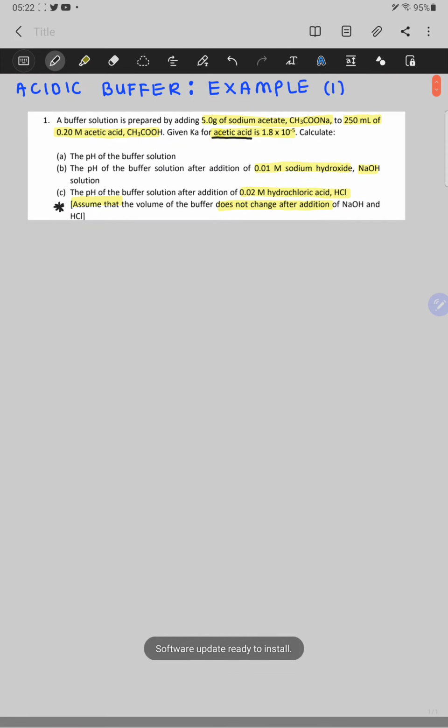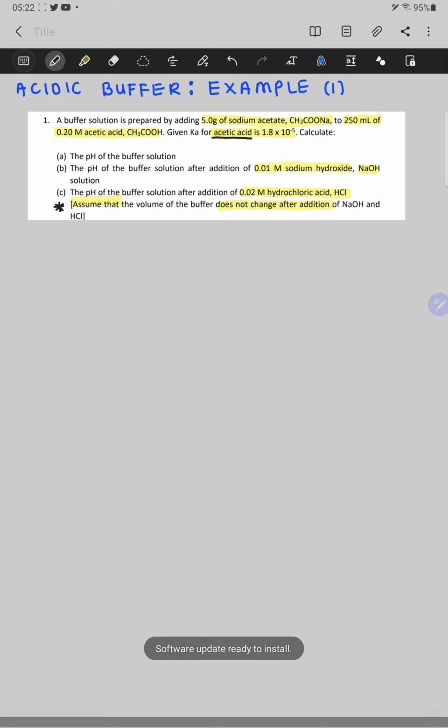And then ada remark dekat sini, assume that the volume of the buffer ni does not change after addition of sodium hydroxide and HCl. Kenapa dia mention dekat sini remarks? Sebab assumption ini akan menyebabkan calculation pada ICE table itu berbeza, dengan case another case yang teacher akan tunjuk pada example 2.